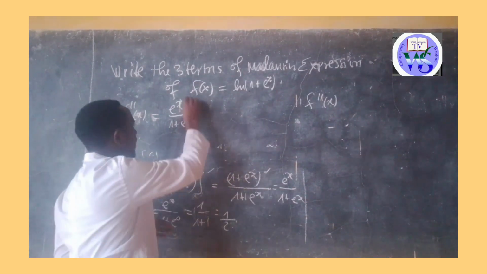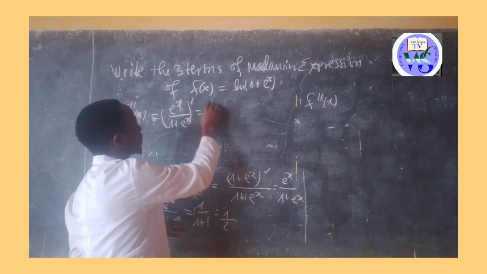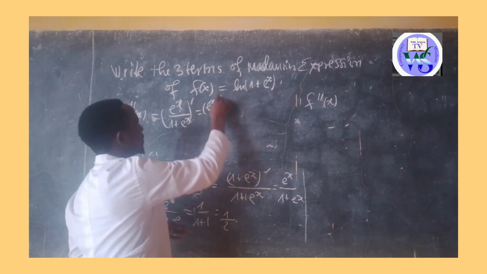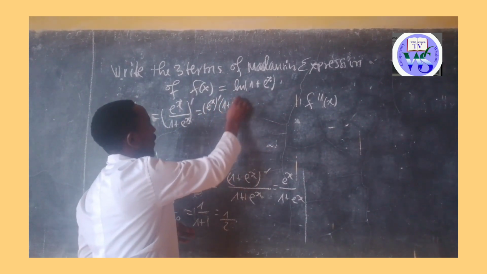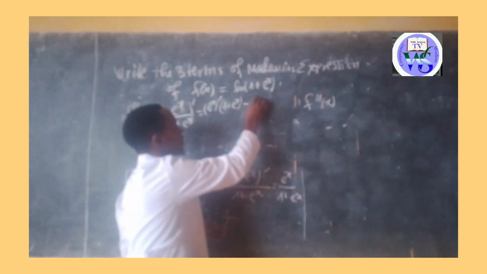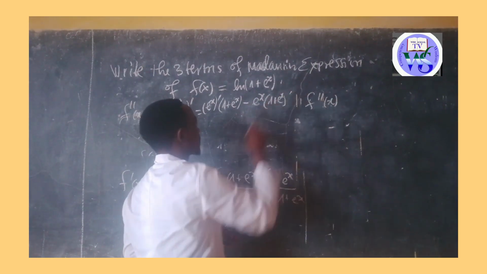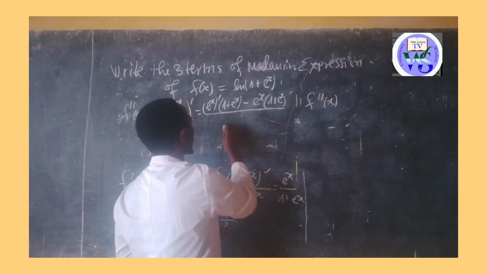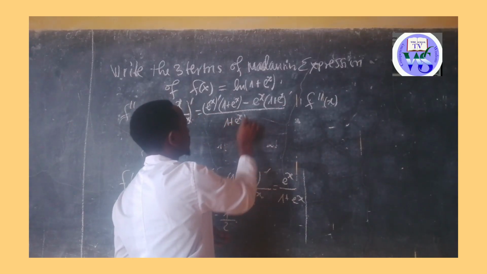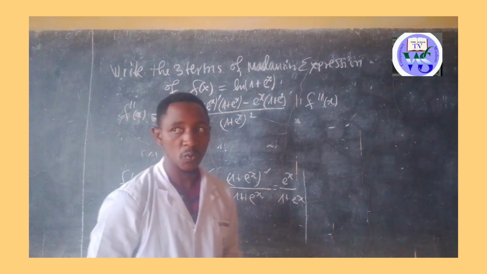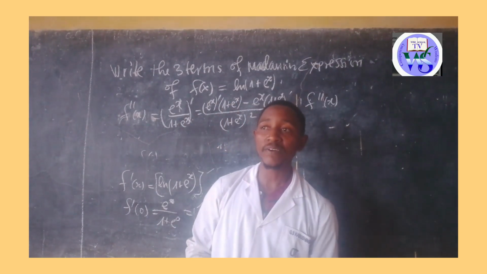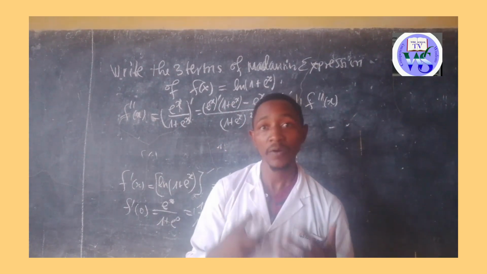This is the derivative of a rational function: the derivative of e power x times 1 plus e power x, minus e power x times the derivative of 1 plus e power x, divided by 1 plus e power x squared.